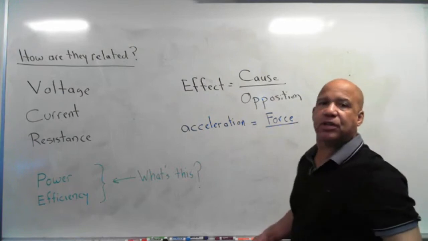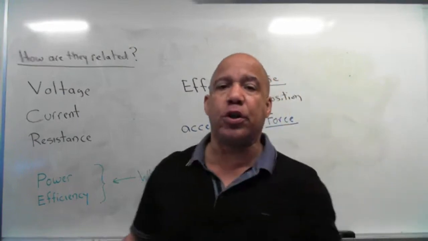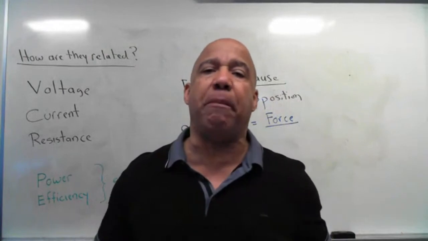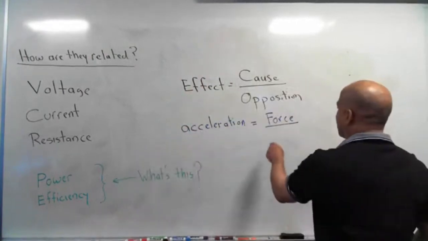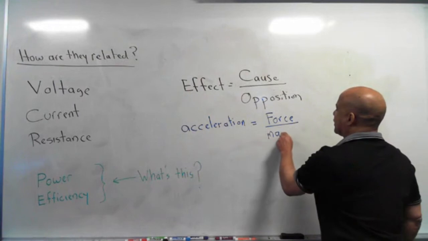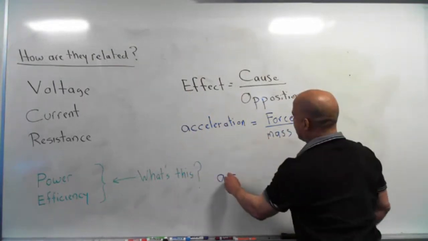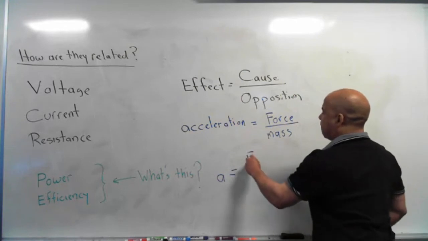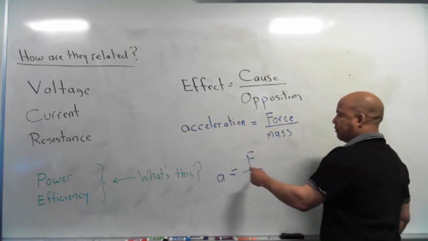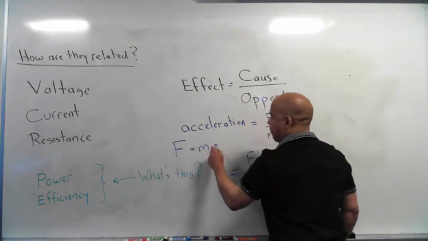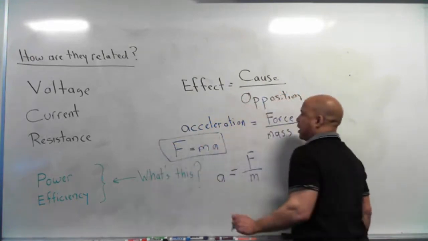And the opposition to the acceleration is called inertia. And in physics, the way we represent inertia is by using something called mass. So there's this relationship that the physicist Isaac Newton came up with. We use A for acceleration, F for force, and M for mass. And you solve this for F, you get one of Newton's laws, F equals ma.